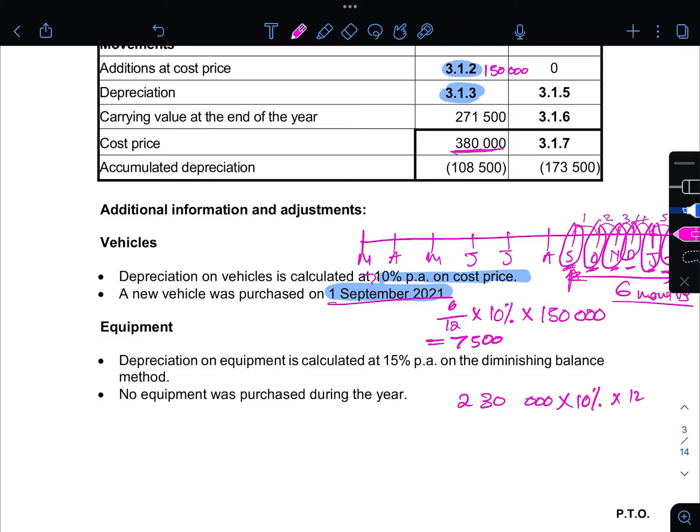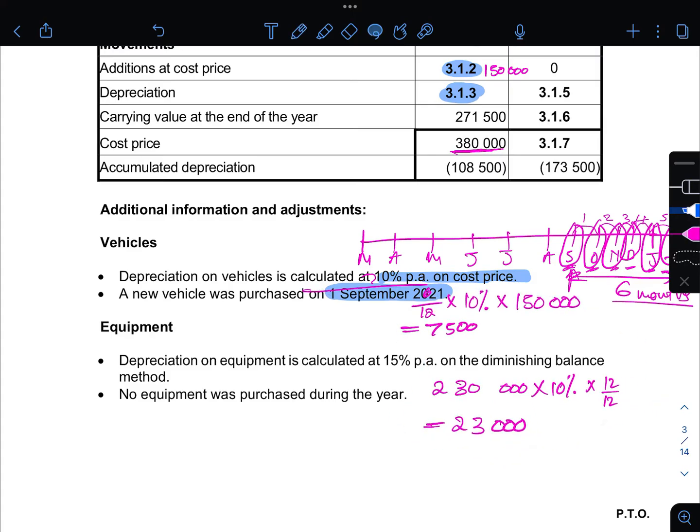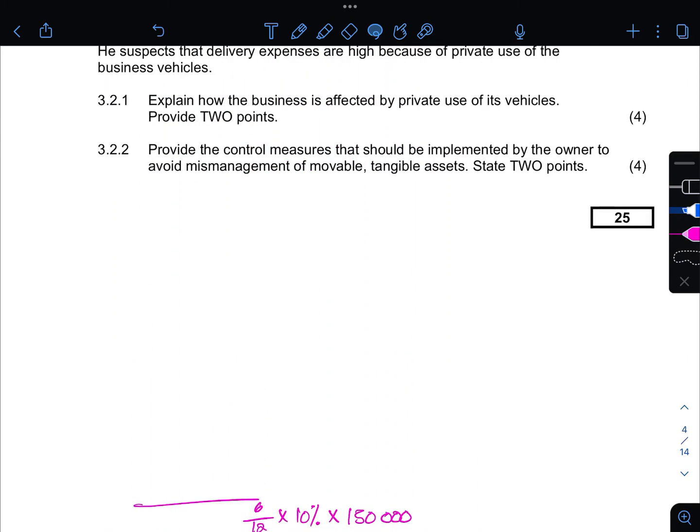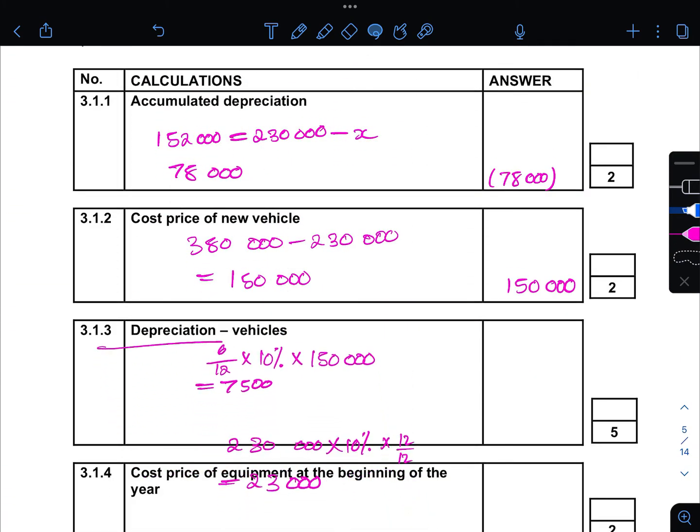Then they depreciate for the whole year. So it's basically 10% of 230,000 times 10%, which is 23,000.